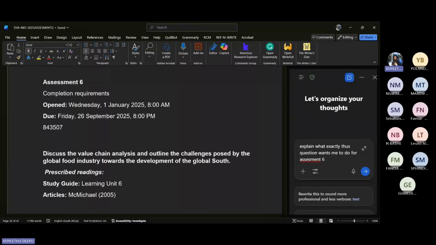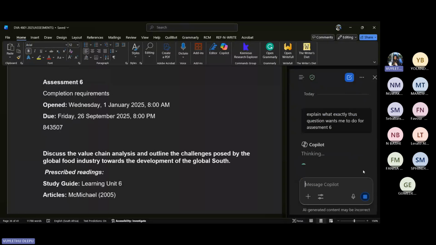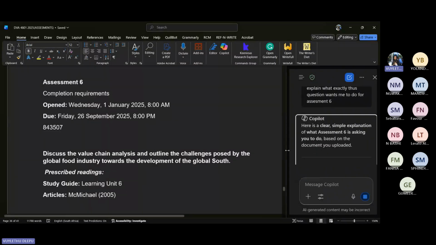Because this is what I'm going to be working on. Once we finish here in the morning, I'm just going to read through the articles that I didn't read. Give me a second, please.